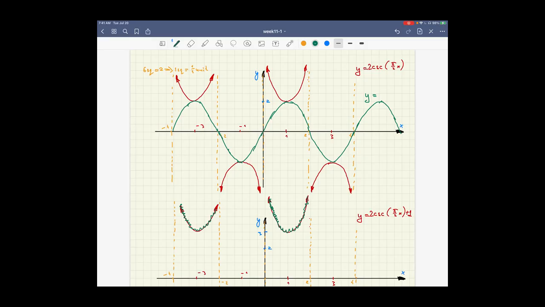That is the question. 2 sine of pi over 2x. Zeros are still multiples of 2, and we stretch it by a factor of 2.